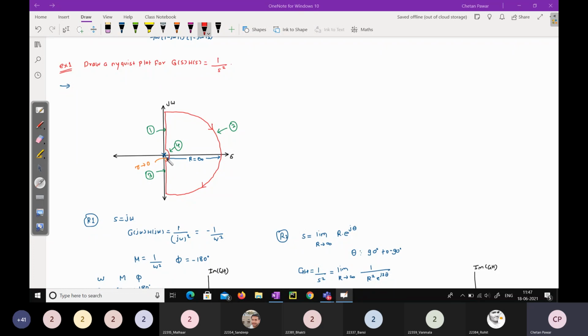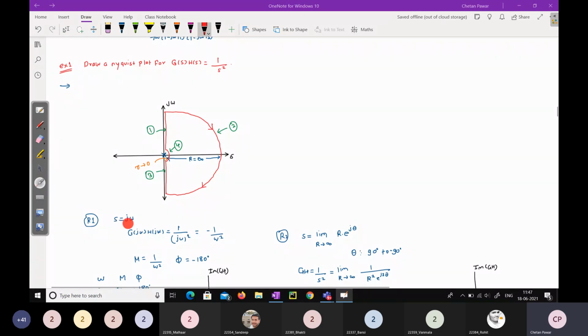So as you know, if there are poles at origin, there will be 4 regions in the Nyquist contour. First one, this will be the first, this will be the second, this will be the third, and this will be the fourth. So let us do the mapping of regions one by one. As you know, the first region is just drawing the polar plot.